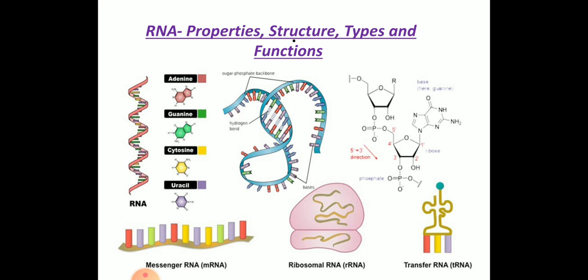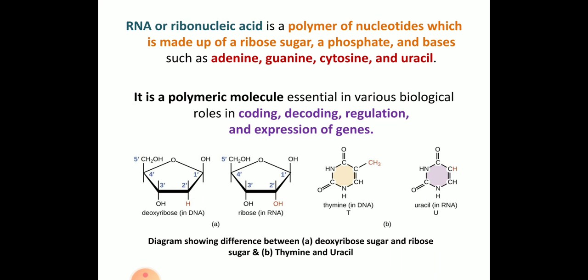But how will RNA be formed? Once the DNA undergoes transcription, then only RNA will be formed. That transcription will be dealt with later. So let's see what is RNA.